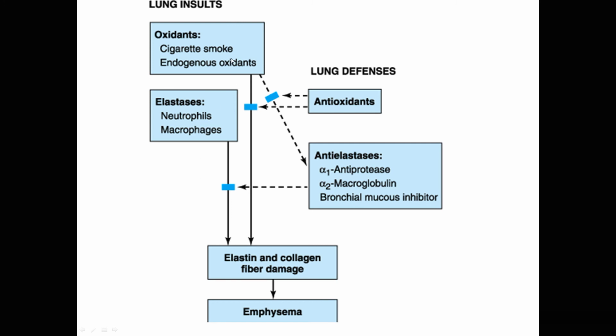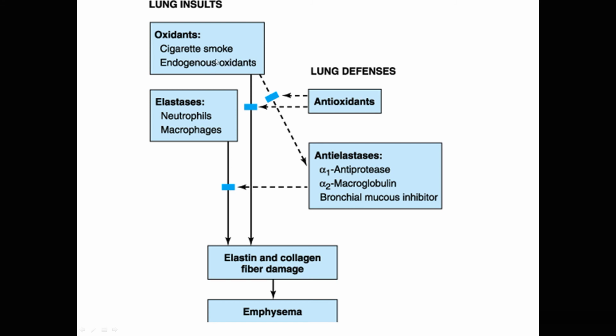Another effect is the blocking by some components of the cigarette smoke of our lung defenses, for example antioxidants. They are blocked, and also the anti-elastases, which block the elastase effect of the neutrophils, will also be blocked because of the components of the cigarette smoke.